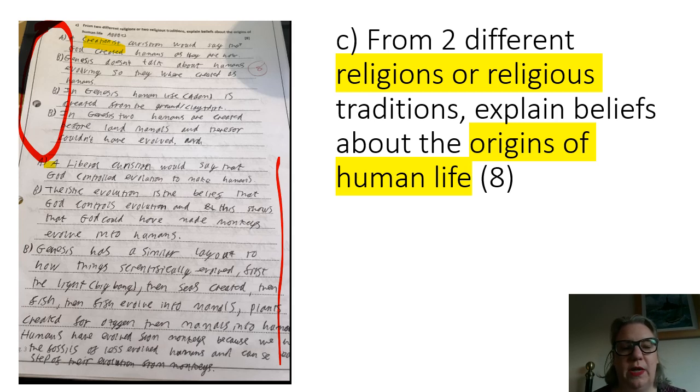He's then told me at the beginning of the second paragraph that he's giving a view from a more liberal Christian. He's spoken about theistic evolution, and there's some really good explanation that's going on here in particular. This is a really, really good answer.